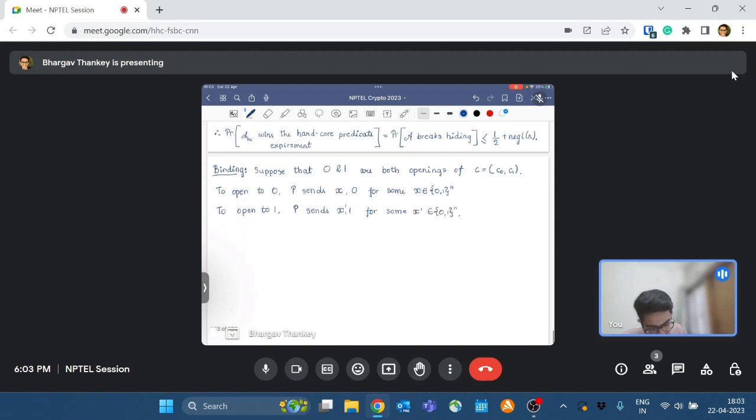But then C0 is equal to f of x equals f of x prime.